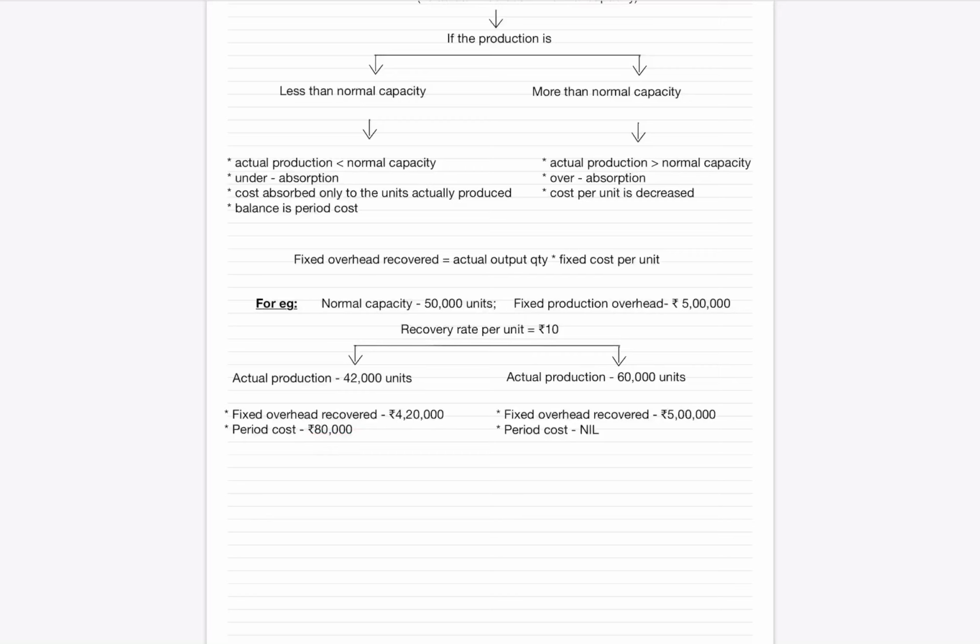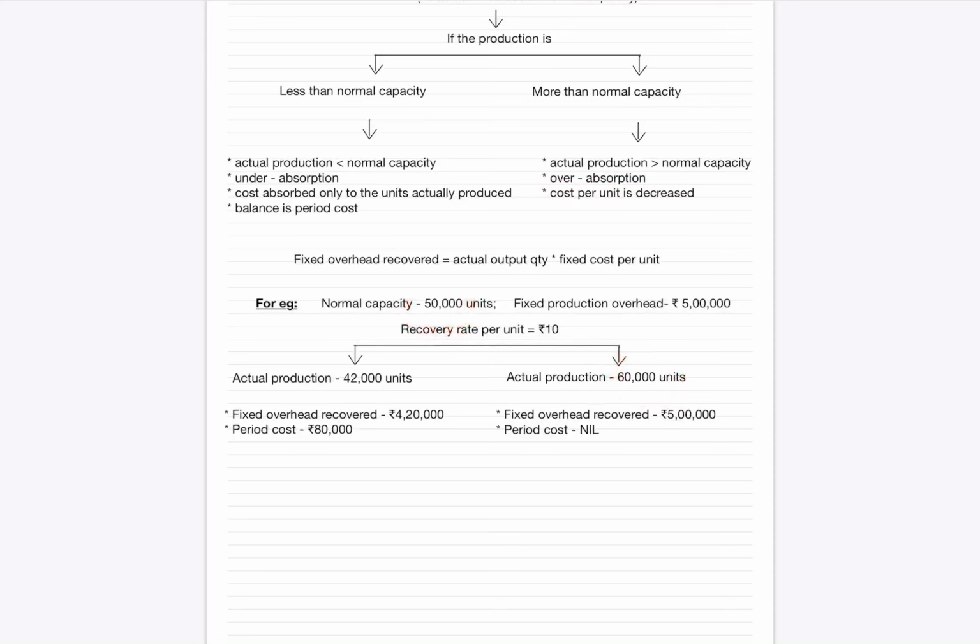Next situation, if the actual output is higher than the normal capacity, then it is termed as over absorption, because the business worked effectively and produced more units than the normal capacity. However, the fixed cost cannot be higher than the actual fixed cost.